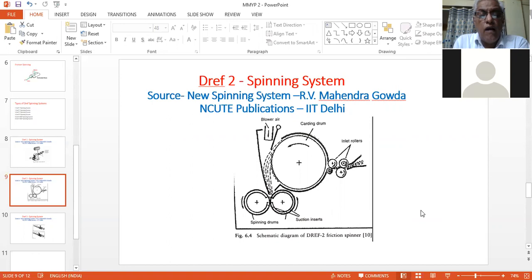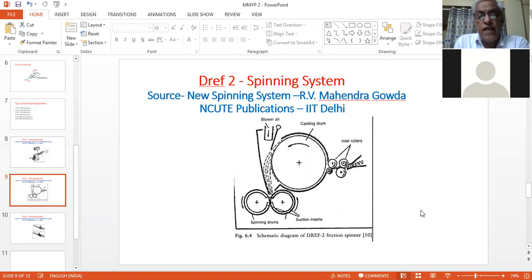Then we add a seed yarn between the perforated drums, and due to friction between the yarn and the drums, helical twisting takes place, and the fibers are attached to the open end of the yarn.